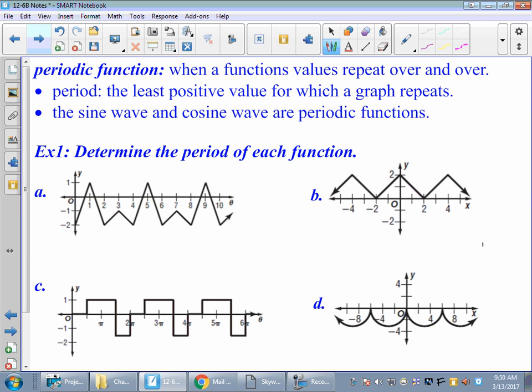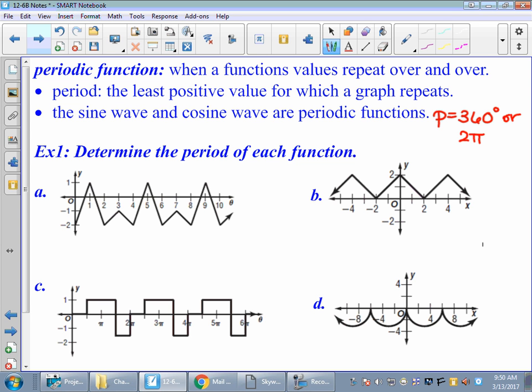In other words, if we keep going around the unit circle over and over again, you're just going to see the peaks and valleys over and over and over again. And so the period of the sine and cosine curves is 360 degrees or 2 pi radians, depending on how you want to look at it. After 360 degrees, it would repeat. All those values repeat. Anything less than 360, you haven't quite peaked and valleyed enough.